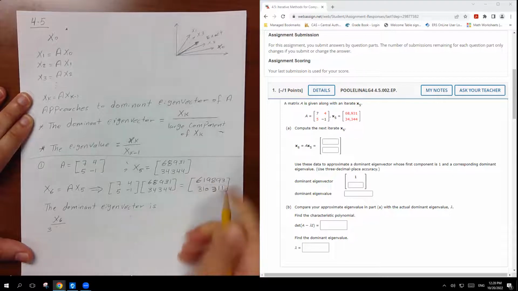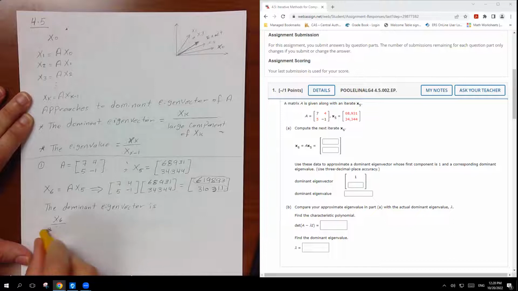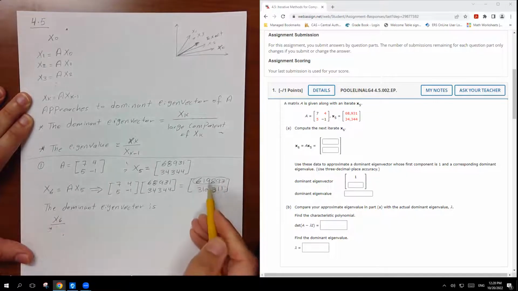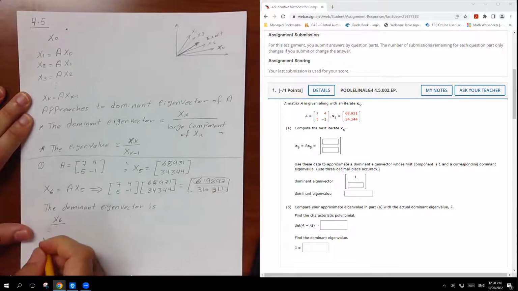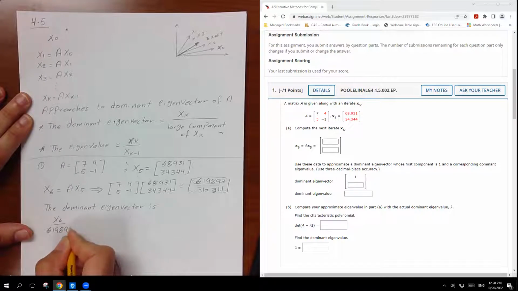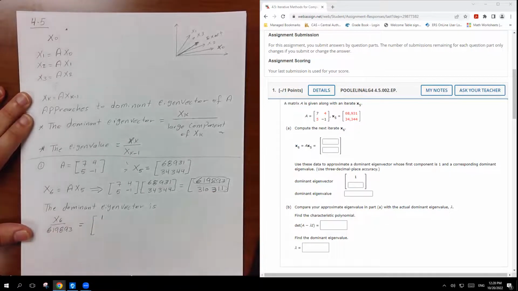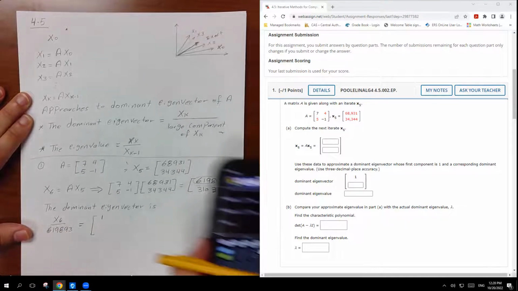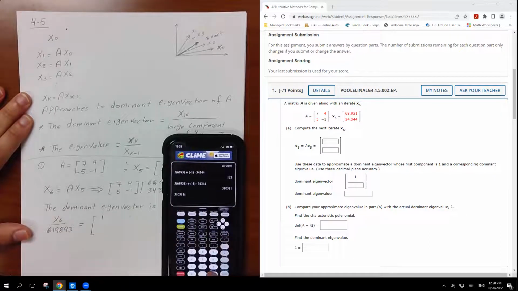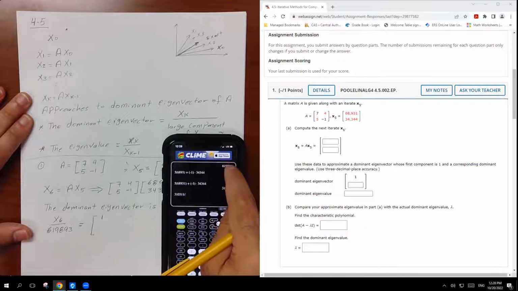So this is the dominant eigenvector. This one is 1, and we're just going to divide this number by this one.